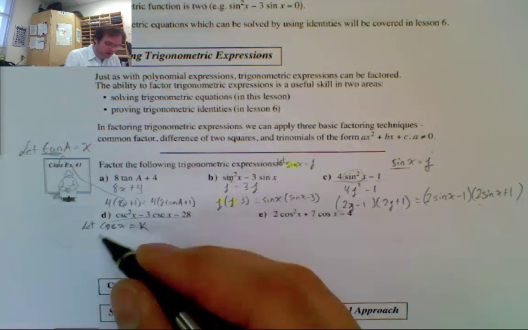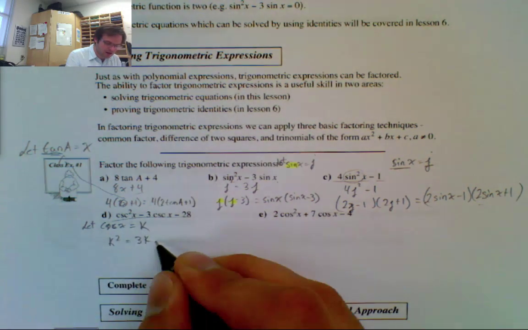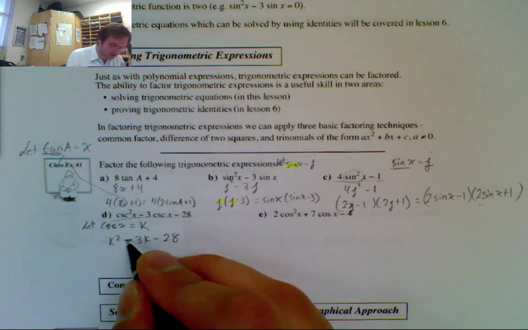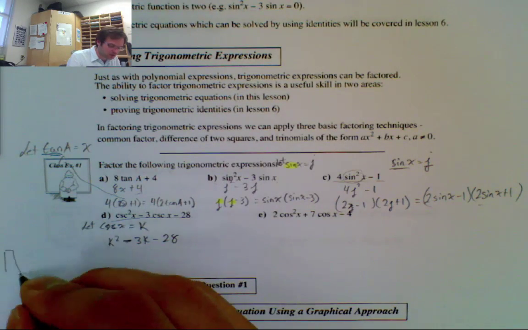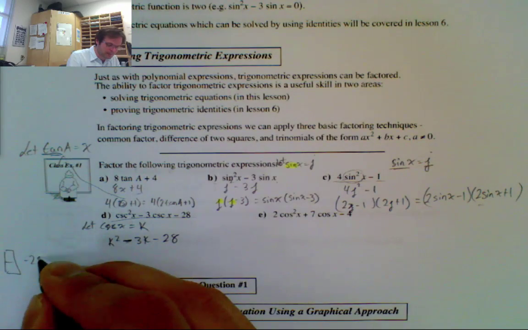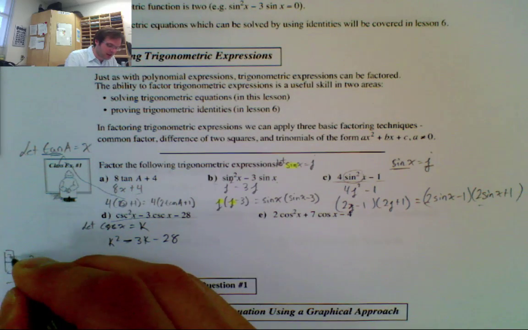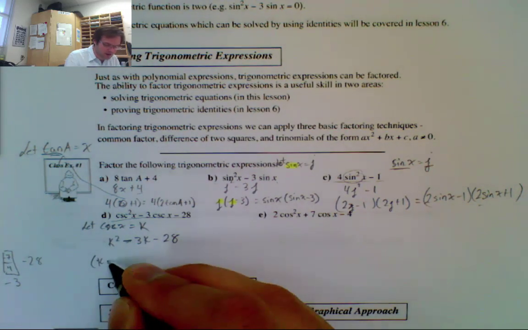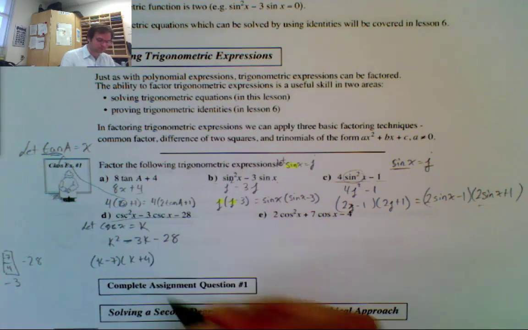So looking at this here, we have k squared is equal to, oops, minus 3k minus 28. So we just do our quick little box method here. I have minus 28 and minus 3. So what two numbers go? That's 4 and 7. So I'm going to have negative 7 and positive 4. So that's the same thing as k minus 7 and k plus 4.